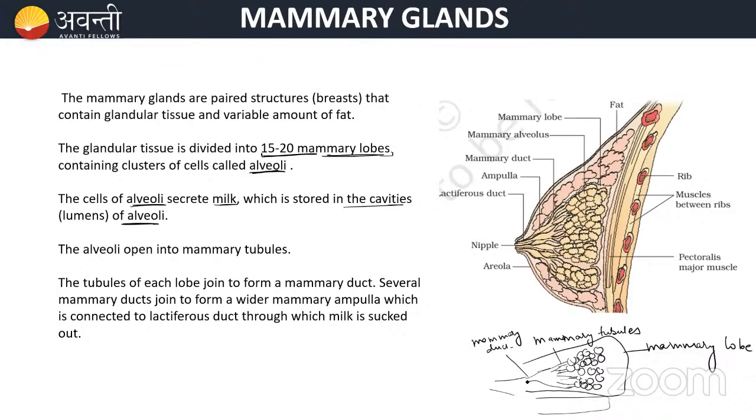Now, several mammary ducts combine and form a wider portion, which is known as the mammary ampulla. Now, this mammary ampulla connects to the lactiferous duct, through which the milk is sucked out.